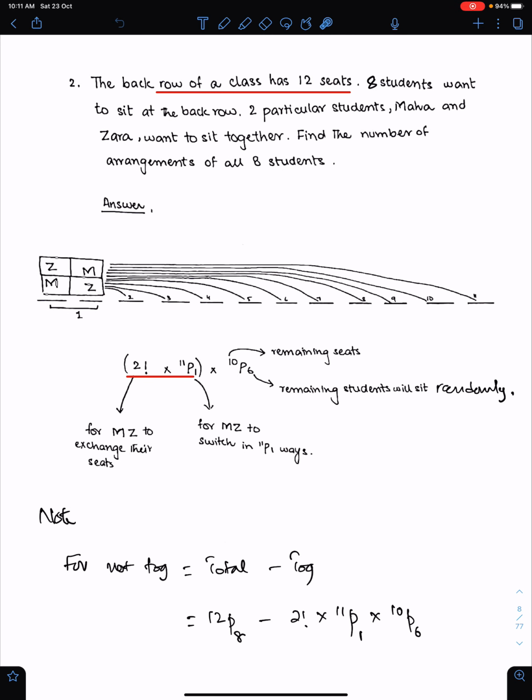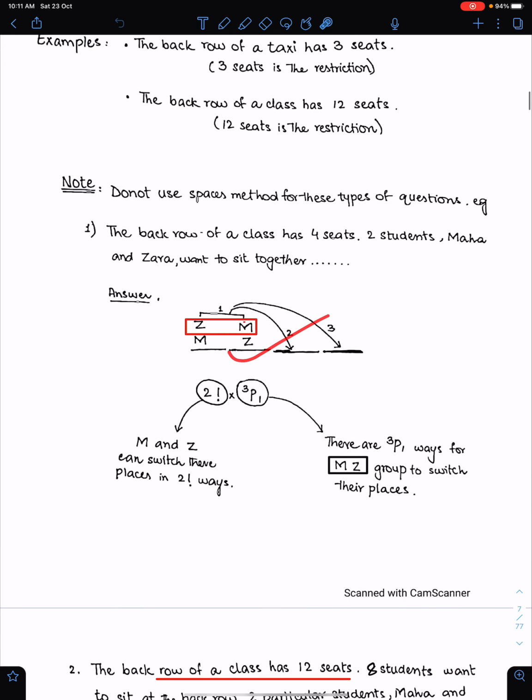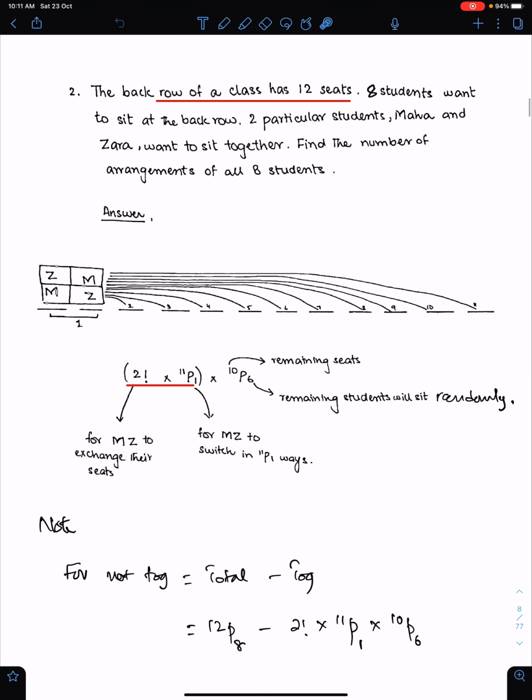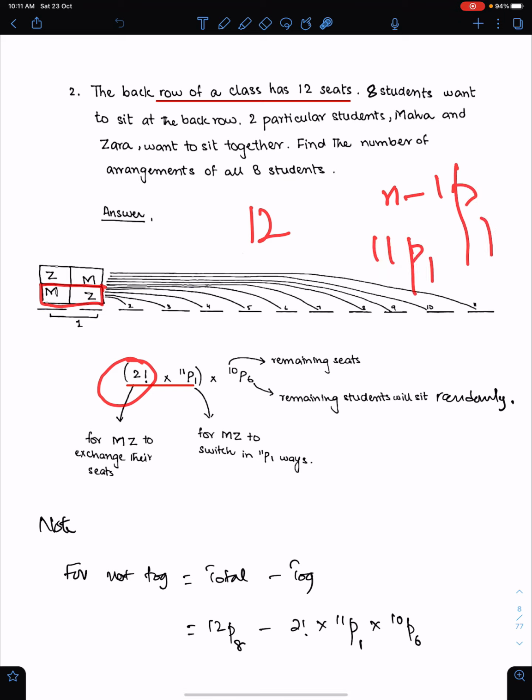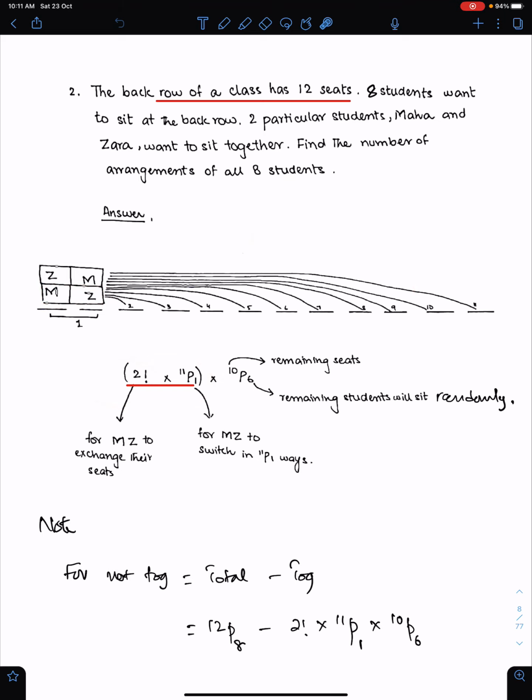Another example. The back row of a class has 12 seats. 8 students want to sit at the back row. 2 particular students, Maha and Zara, want to sit together. Find the number of arrangements of all 8 students. Again, you use the same thing; you can use the formula even. For the 2 factorial, since there are 12 seats, according to the formula, 11P1 ways for the MZ group to switch their places as a group.